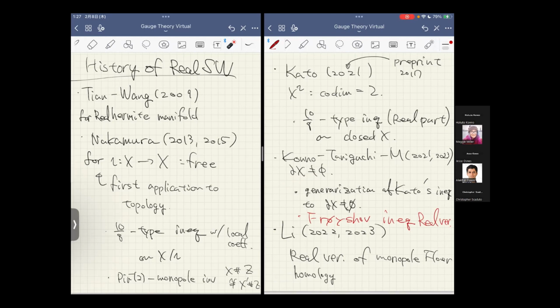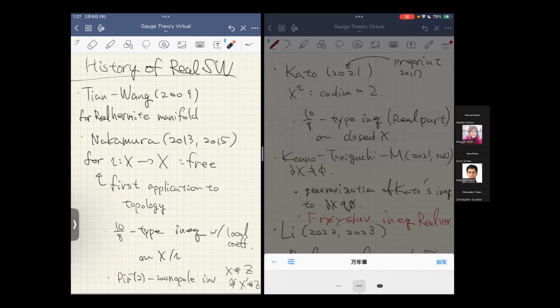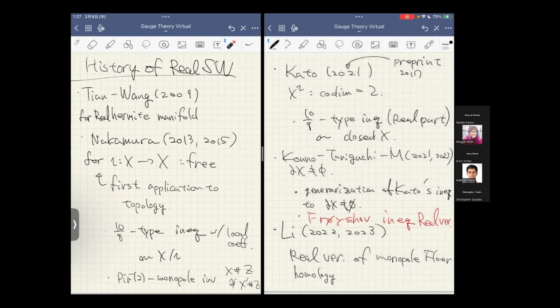Jiakai Li constructed a real version of monopole Floer homology, and he proved the surgery exact triangle of the real monopole Floer homology.